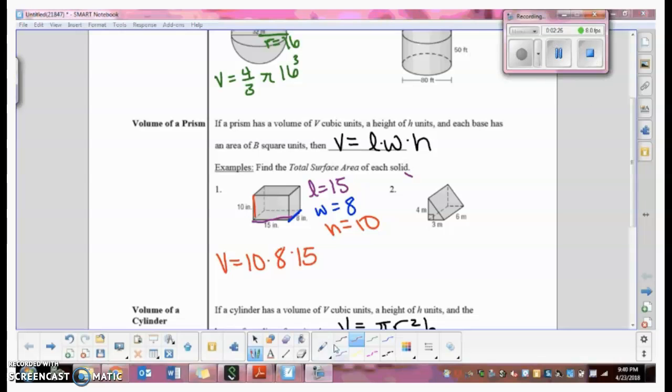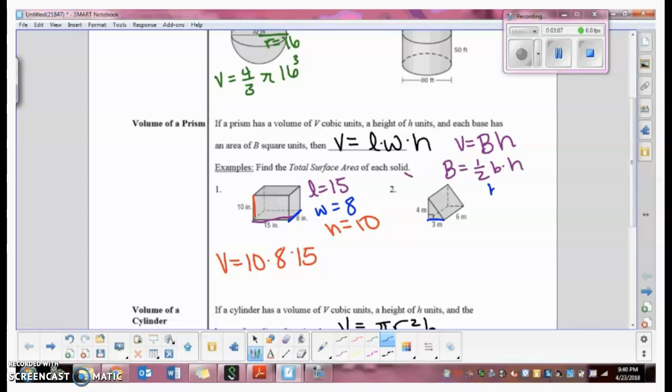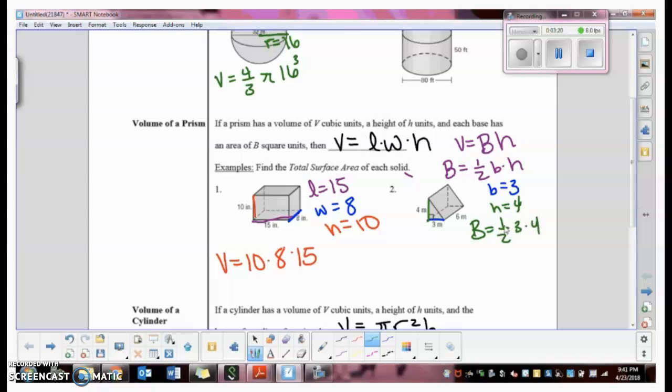So for the triangular prism, instead of doing length times width as our base, it's 1/2 base times height. So we have to take the shape of our base into account when we are solving these. The big B is equal to 1/2 times 3 times 4, so that's 6.